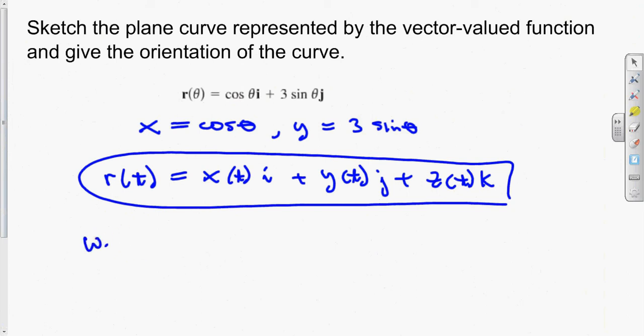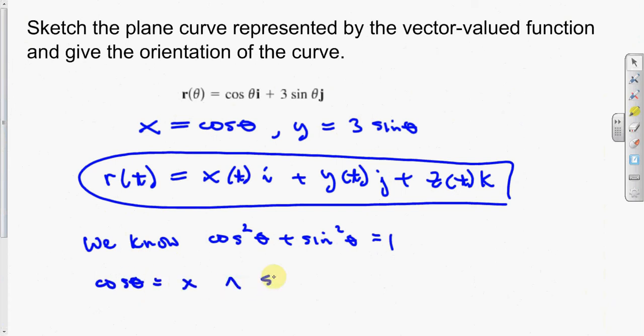So we know cosine squared theta plus sine squared theta is equal to 1. Now we have a statement for cosine theta, but not directly for sine theta. So here we'll say cosine theta is equal to x, and what's sine theta equal to from up here?